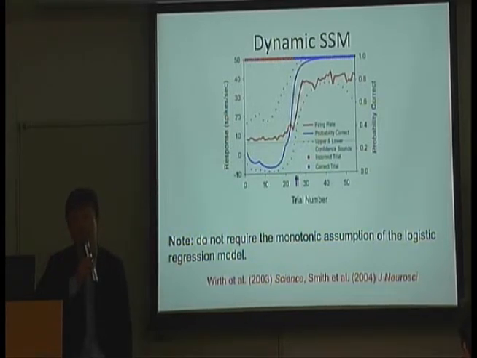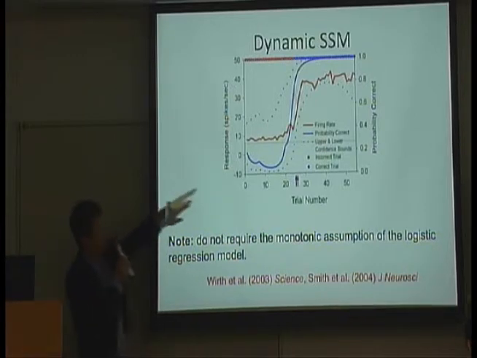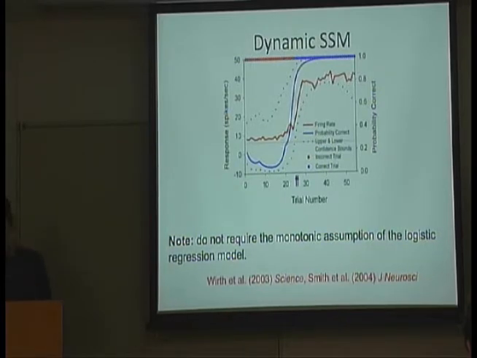Obviously, you can use other types of models, as long as you can fit the likelihood. But this is at least an intuitive way to model the response in binary logistic regression. The difference is that you incorporate a state space model to capture this non-monotonic relationship.